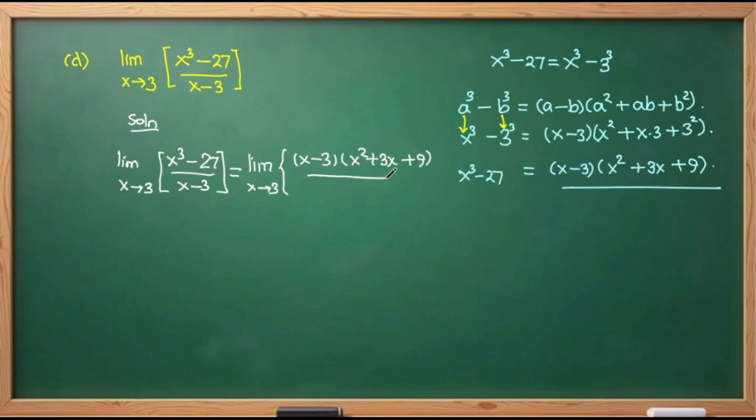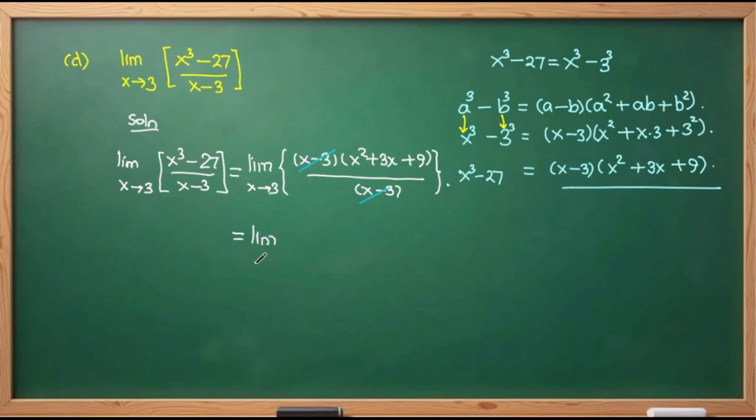Then the denominator comes in, and that is x minus 3. Then we close our last bracket. So we can see from here that the first bracket will cancel with the denominator.